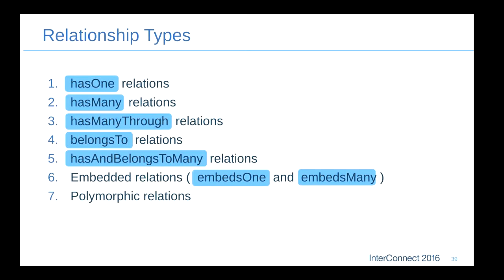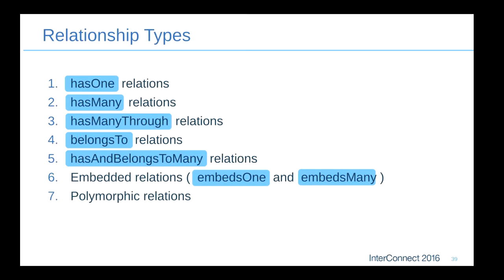So let's say we have an application that has coffee shops and reviews for each of those coffee shops. In LoopBack, you would define a relationship between those two models, and you'll see in a couple slides how that works.